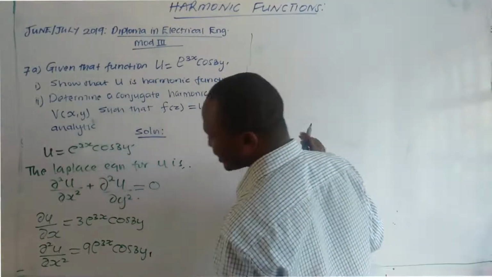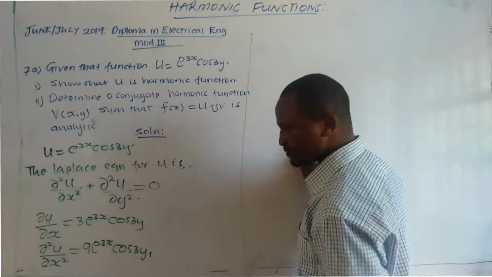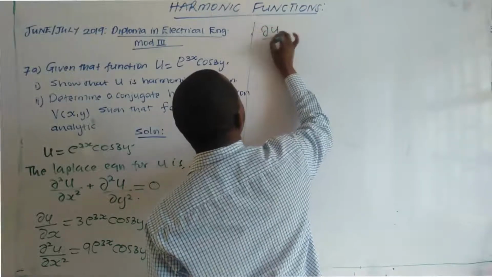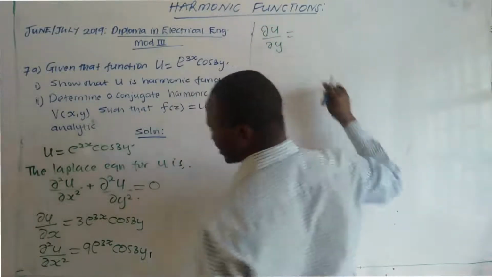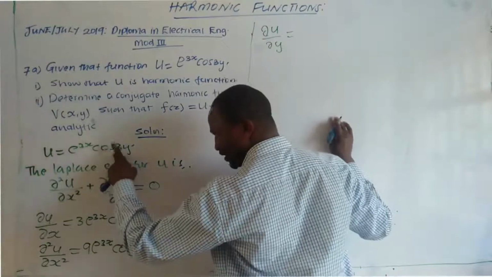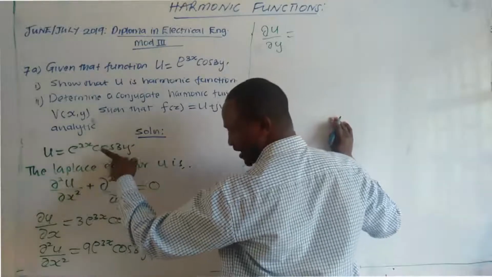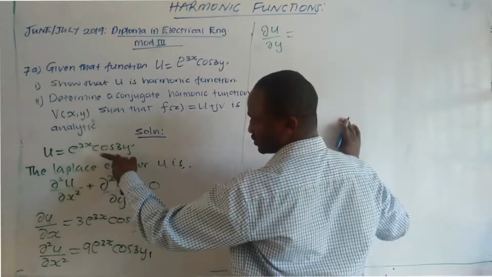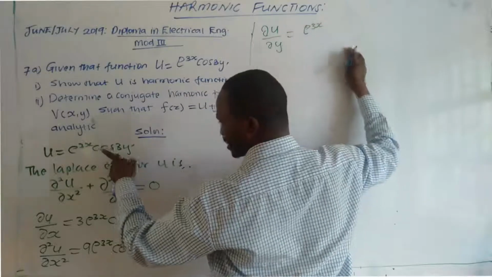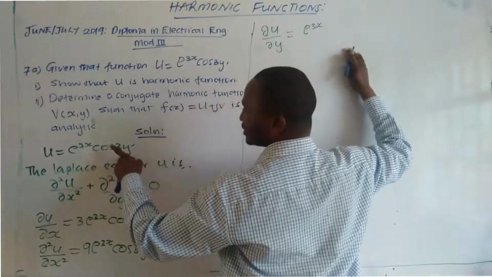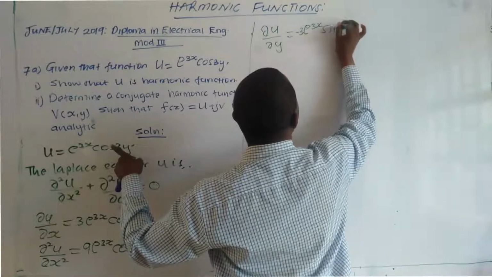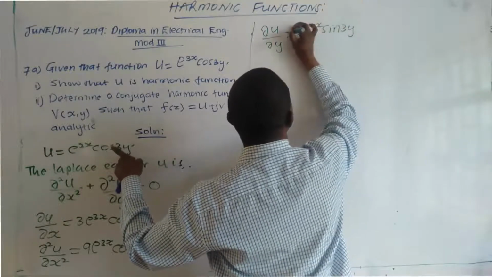Having done calculus in first year, differentiating this will not be a big problem. Now we find the second order derivative of u with respect to y, but before that, we have to get the first order derivative of u with respect to y. Differentiate with respect to y. Here we have y, so this is the only part that we consider in our differentiation. You have exponential 3x. If you differentiate cosine of 3y, you get negative 3 sine 3y.